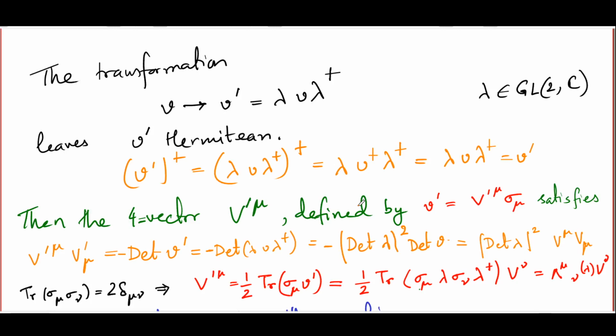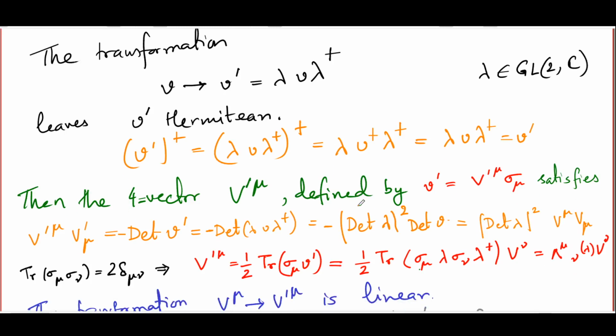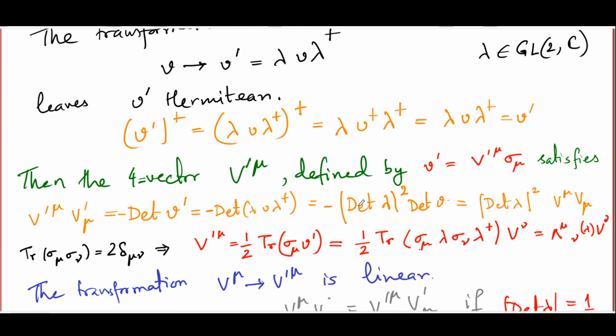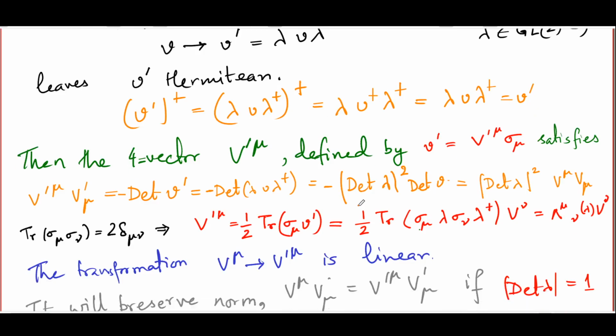So what is very important here is that this map which goes from capital V, the 4-vector, to a new 4-vector capital V prime is a linear map. The new components are linear combinations of the old components, and it is going to preserve the norm, that is V upper mu, V lower mu is going to be the same as V prime upper mu, V prime lower mu, if we specialize to the situation where mod of det of lambda is 1.